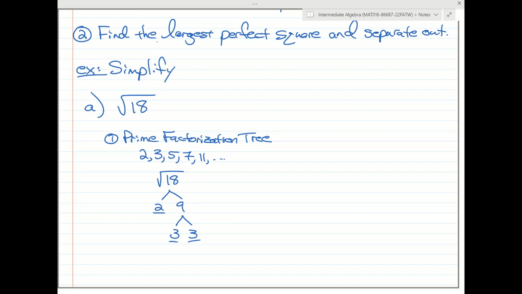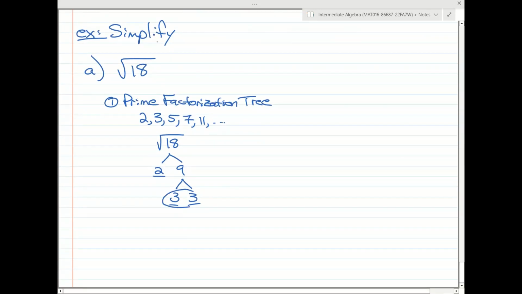We're looking for groups of 2 of the same numbers. So here's a group right here. What we do is we write our groups outside the radical, and then we write whatever's left over on the inside. That would be the answer.